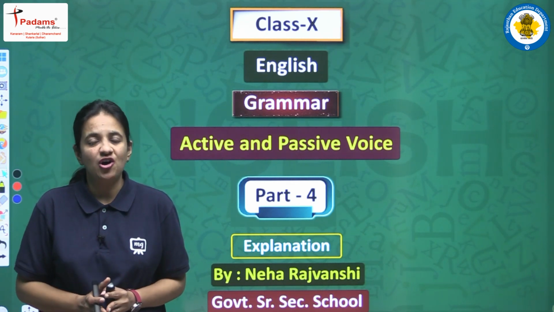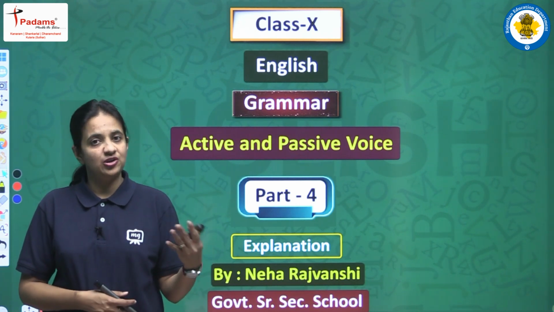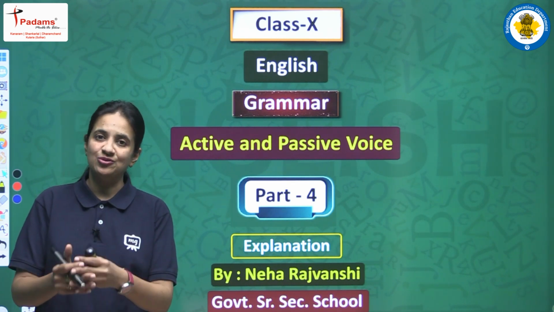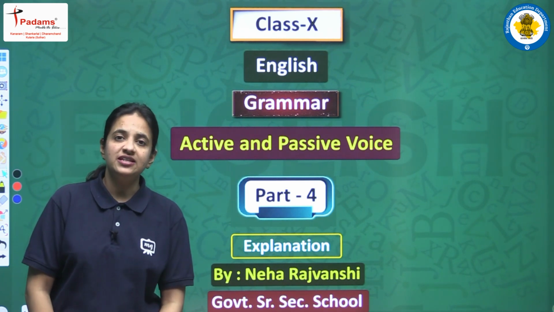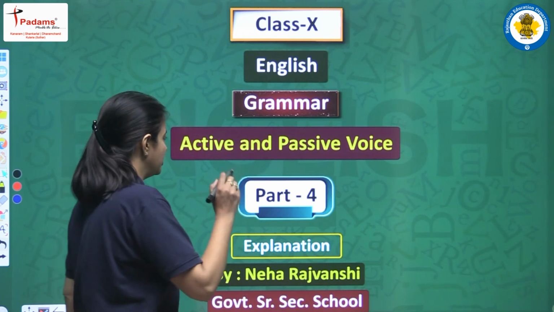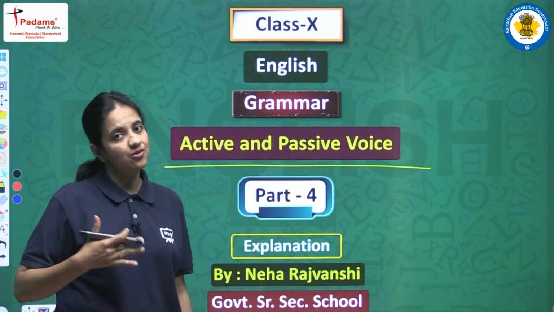And I am very much sure that all these rules, all these different steps, all the examples that we have seen, everything is clear to you all. And in today's video we will see some other rules, some more examples. Okay, so now let's begin today's video, that is based on this topic, that is active and passive voice.